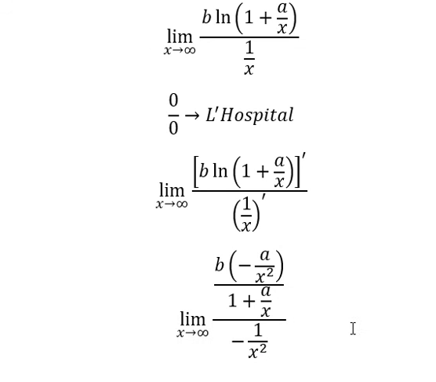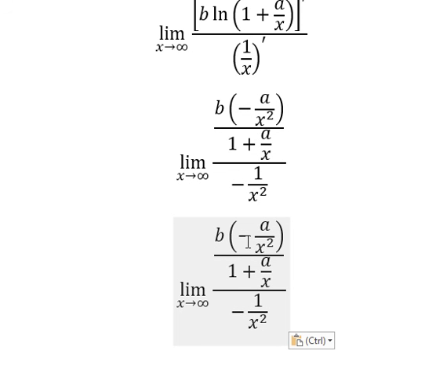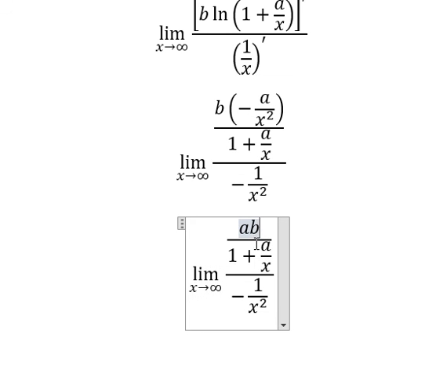Next, we need to simplify negative 1 over x squared on the numerator and denominator. So we have AB in here.